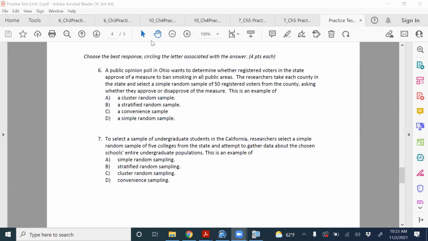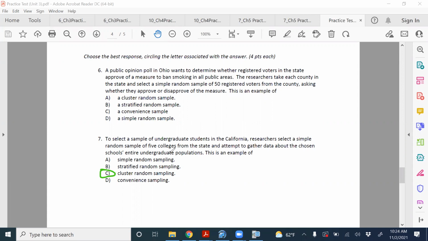I'm not going to ask this because I haven't spent enough time talking about this with you guys, but it is cluster. Because you want to get data about the chosen schools' entire undergraduate populations. If I'm going to choose those 5 colleges, let me choose 1 private, maybe 1 UC, 1 Cal State. Try to keep it proportional, right?